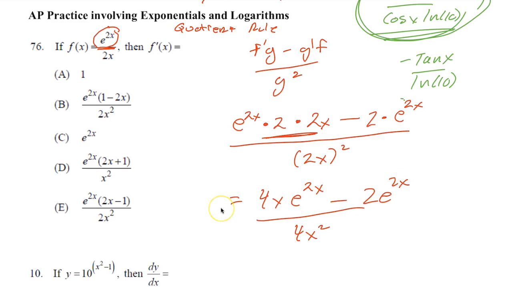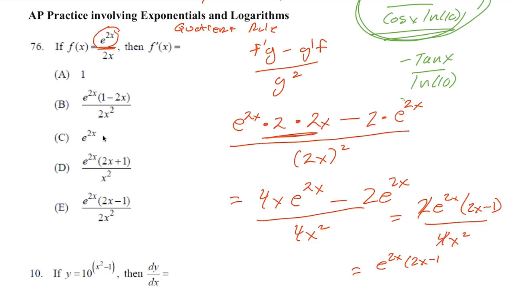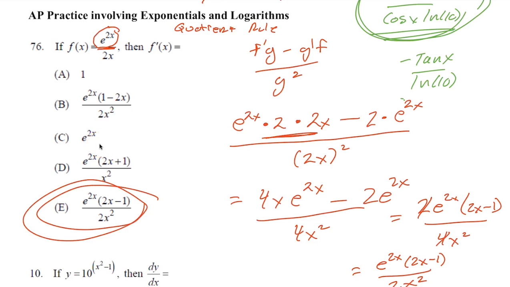So let's factor that out. So 2e to the 2x, and that would leave me with 2x minus 1 all over 4x squared. I still don't see it, but I can simplify the 2 and the 4. So I get e to the 2x times 2x minus 1 over 2x squared. And now I see it.